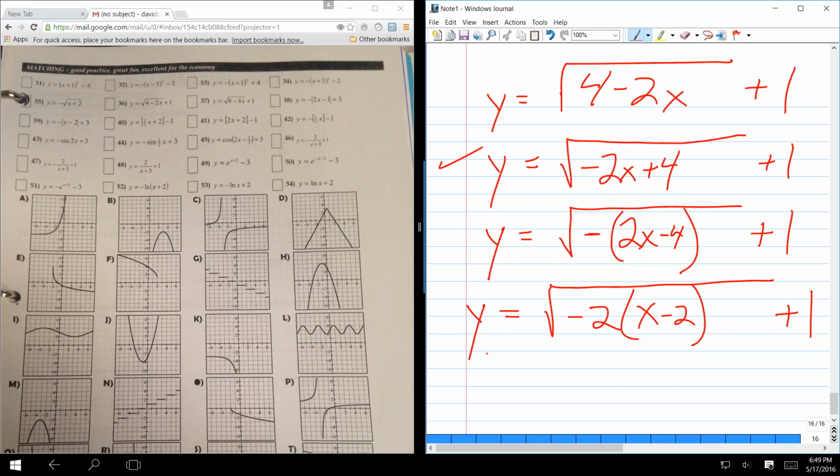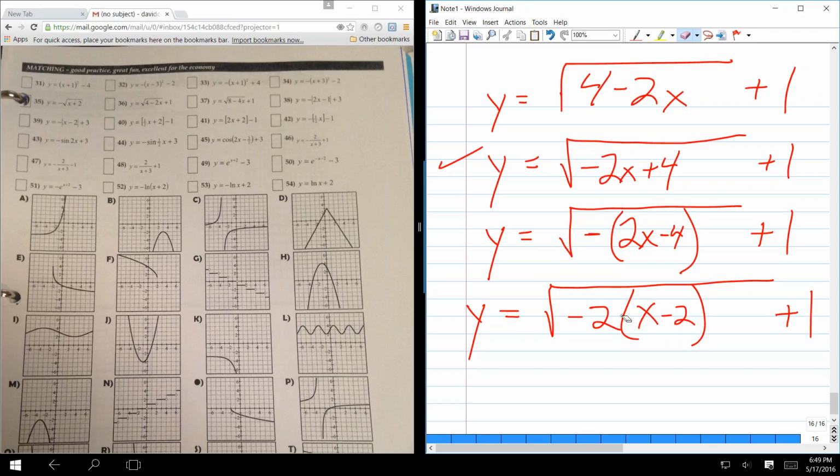But now, if I was writing this in f of x notation, I could write it as f of minus 2, x minus 2. And now, there's my reflection over the y-axis, there's my compression factor, and there's my horizontal translation. So figuring out how to write it when it's inside the radical and the x has a negative sign is always a bit tricky.